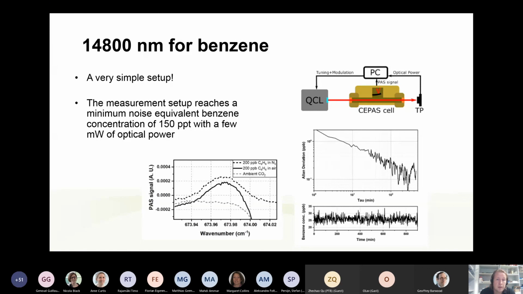The reason to do this work was to demonstrate that we can use this system at long wavelengths, but we can also detect benzene, which is quite a difficult gas to detect using optical means at sub ppb concentrations.